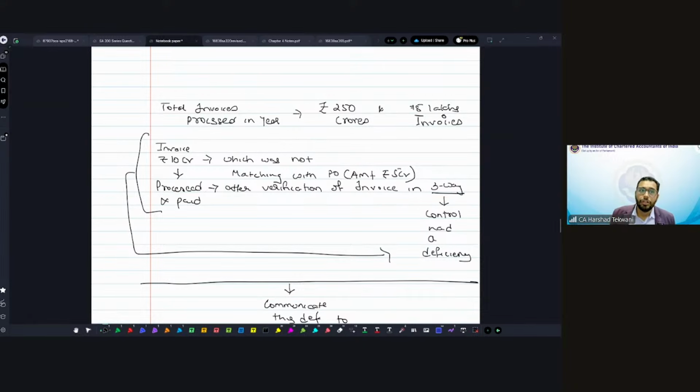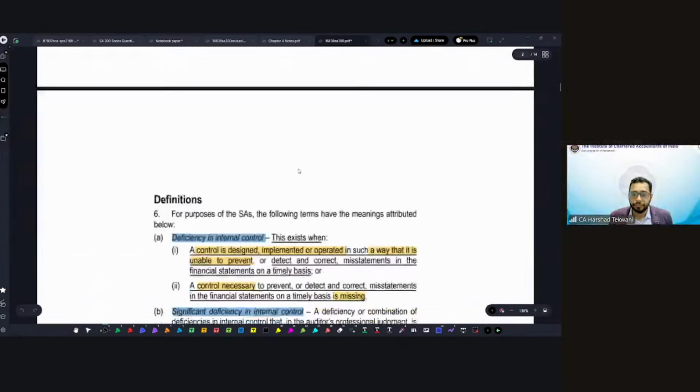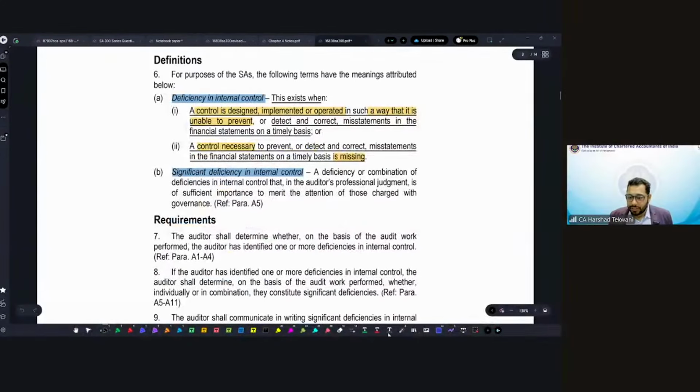So the definition also says that a deficiency, single or a combination of deficiencies in the internal control, that in an auditor's professional judgment is sufficiently important to merit the attention of those charged with governance. When you think I should report this matter to those charged with governance, it becomes significant in your professional judgment.